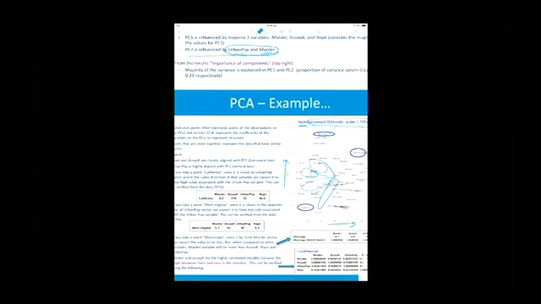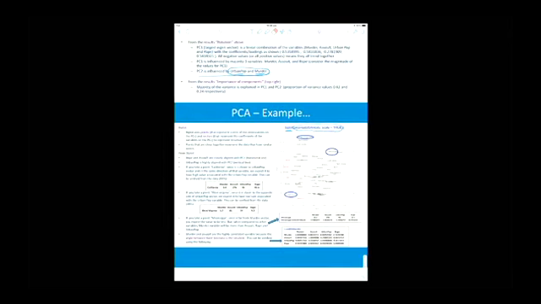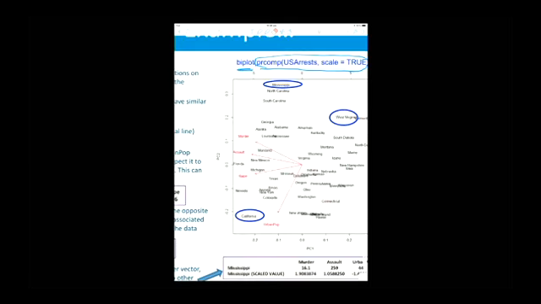From this biplot, there are a few things we can find out. If you look at the variables shown as red arrows, these red arrows reveal information like which of the variables are highly correlated.